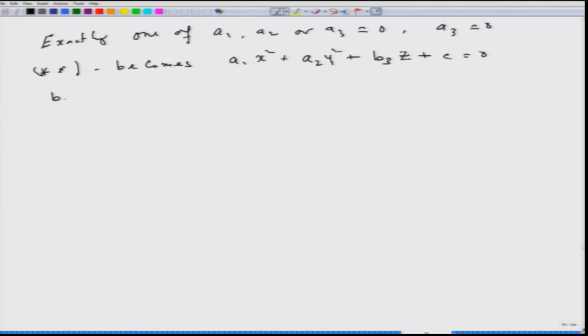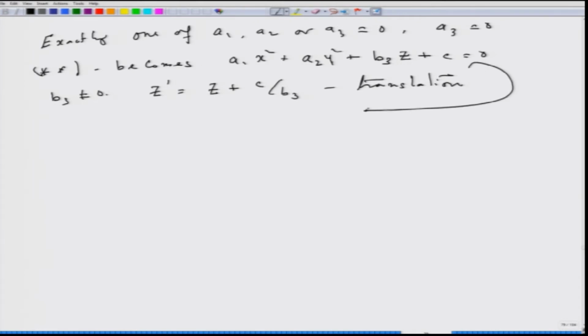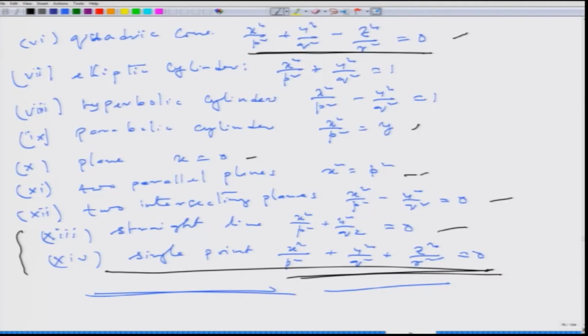Now, if B3 itself is non-zero, we make another translation, z prime equal to z plus c by B3, this is a translation. That will reduce this to A1 x square plus A2 y square plus z equal to 0.